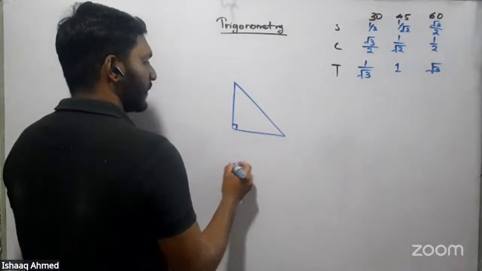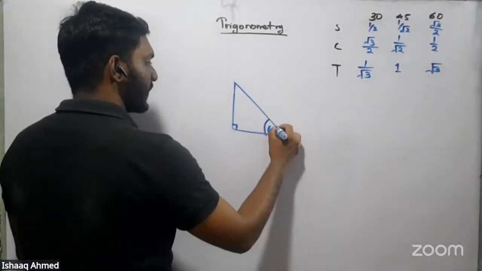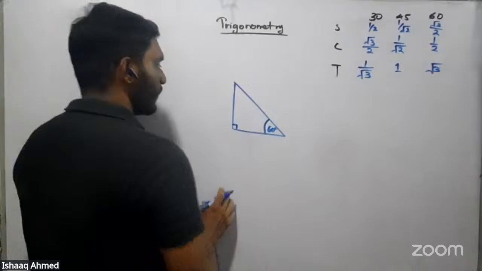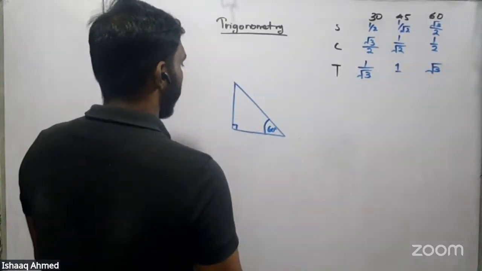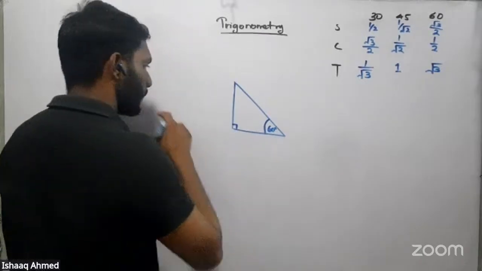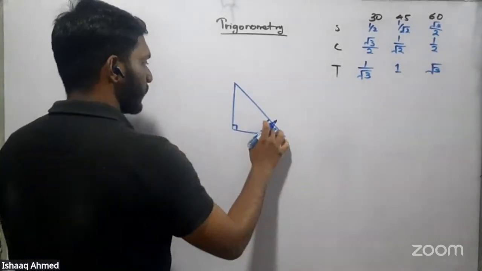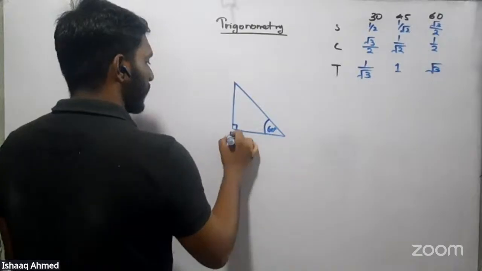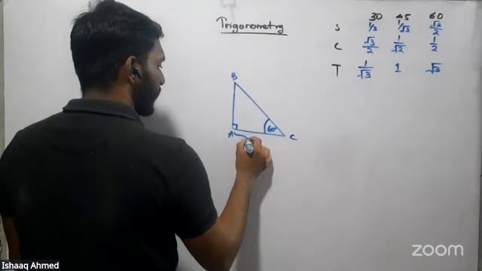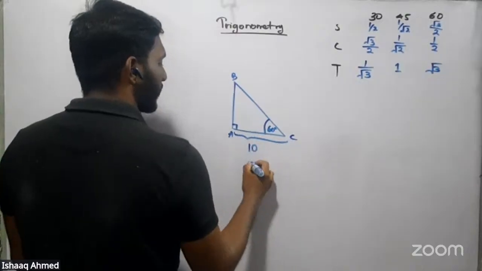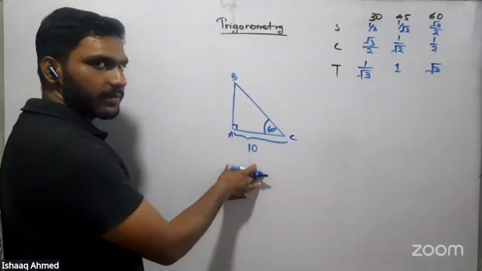Take this 90 degree. Say this is 60. Let's say this length is 10.